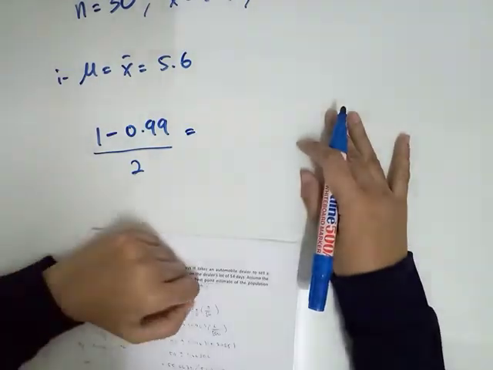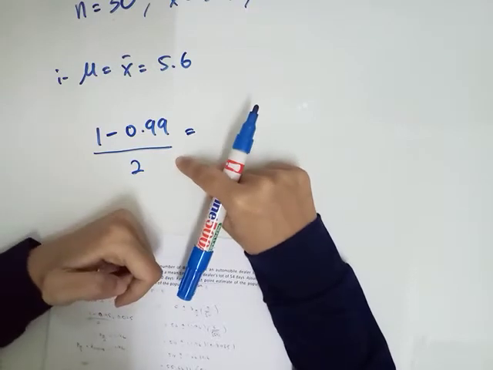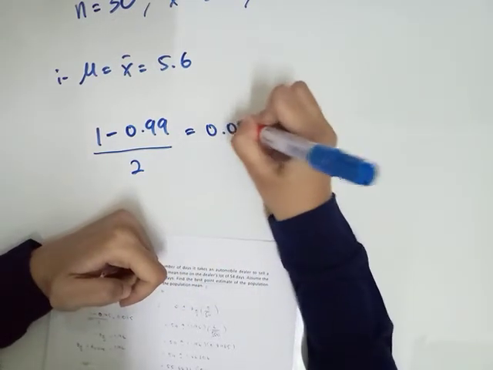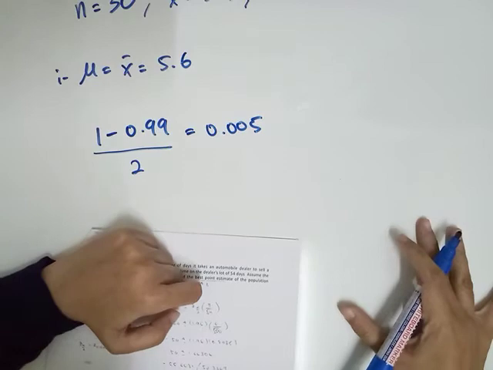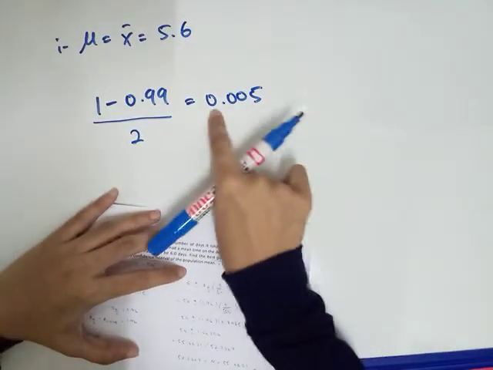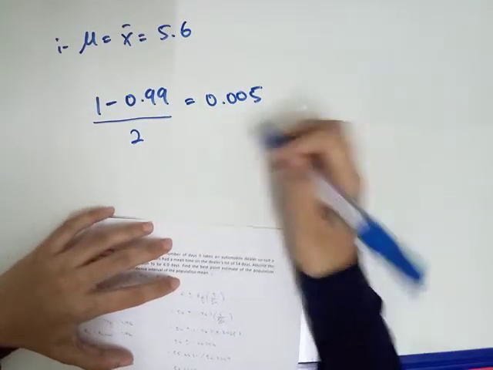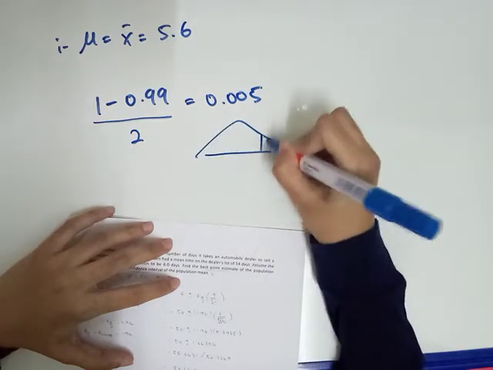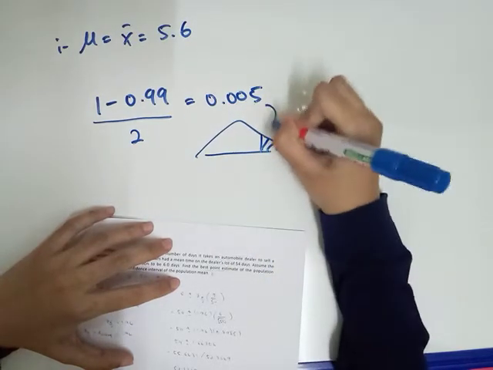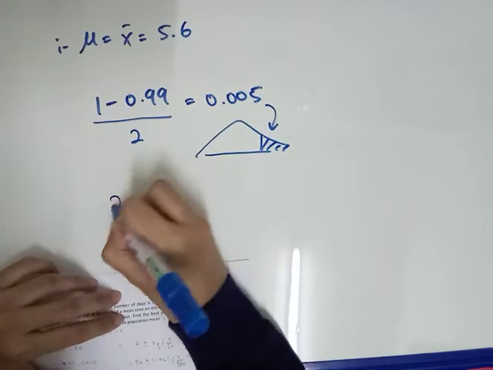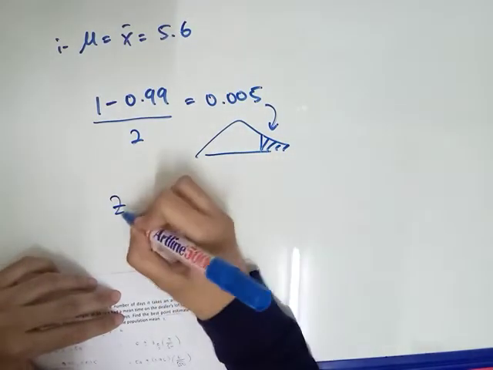So you solve, you will get 0.005. So this is the area in the right tail. The area in the right tail here is 0.005.